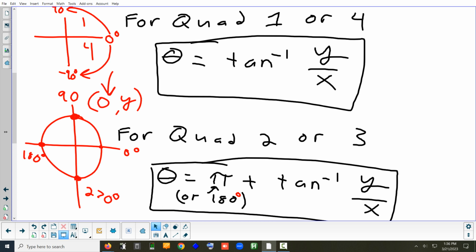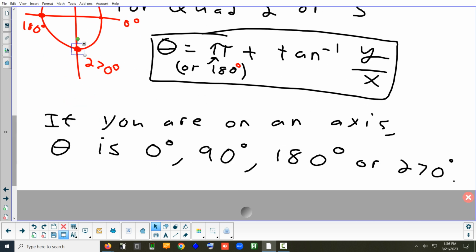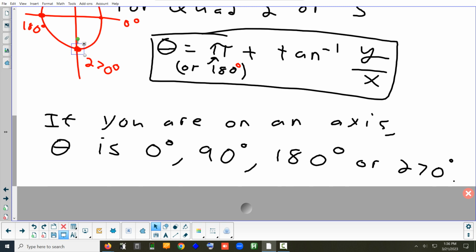So you got to remember, if your coordinate lands on an axis, you're not in a quadrant. So these formulas don't apply. You're either 0, 90, 180, or 270. So now that covers everything that could happen, whether you're in quadrant 1, 2, 3, or 4, or you are on an axis.